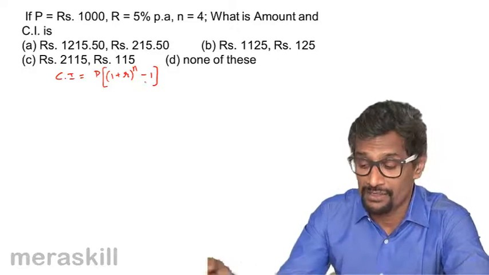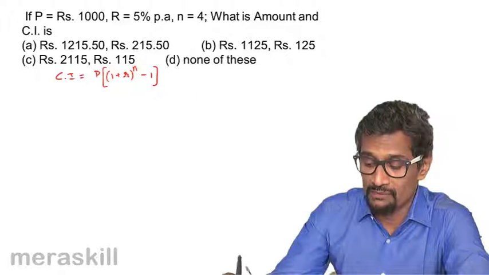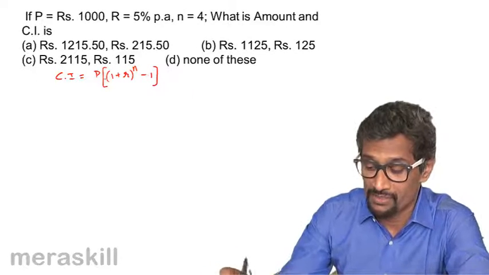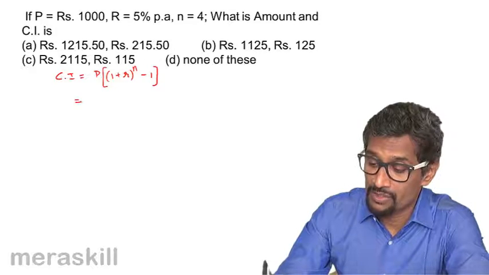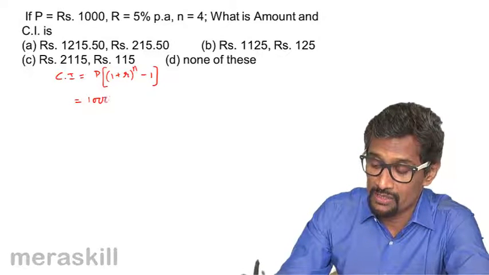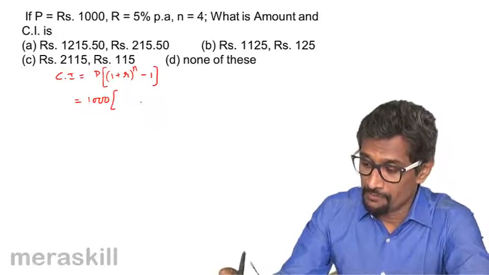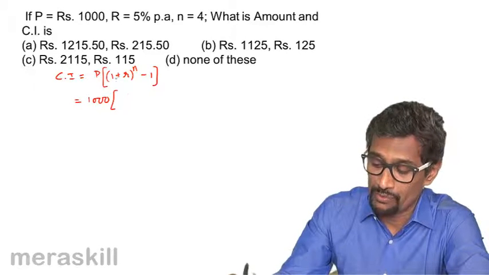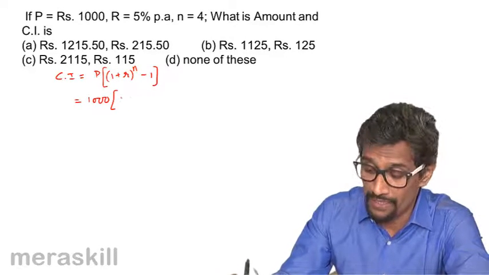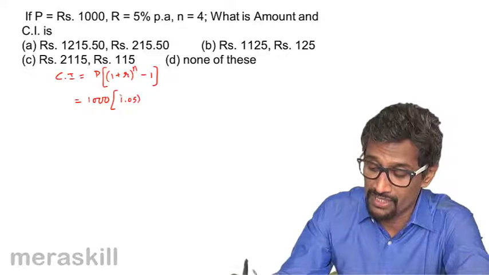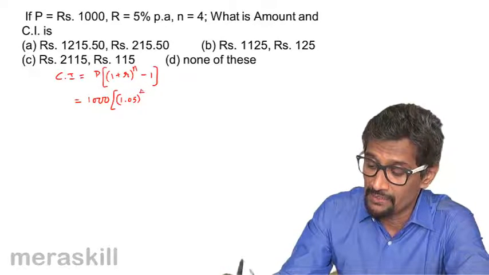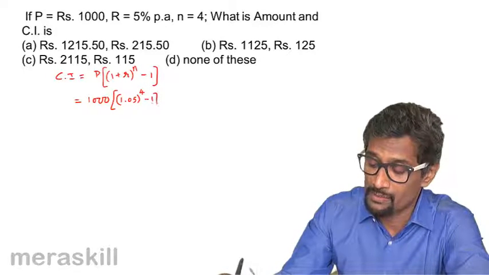This is how we have it, because this alone itself is amount minus P. So in this case, you take 1000 and 5% per annum, so it will become 1 plus 0.05, that is 1.05 raised to 4 such periods, minus 1.